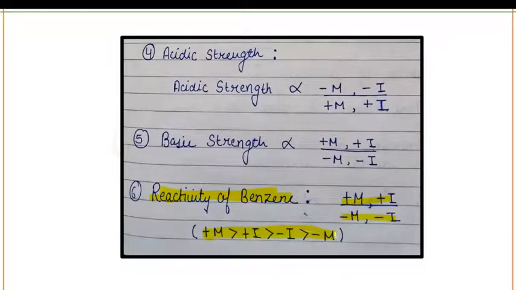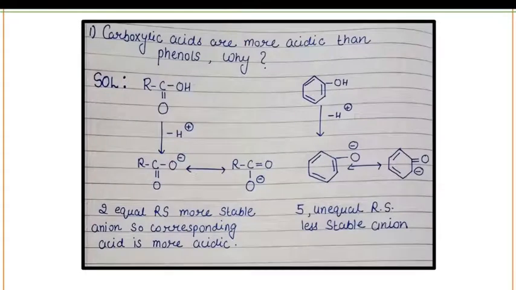Now, there are two important questions related to this theoretical part. Number one question is, why are carboxylic acids more acidic than phenols? The basic reason behind the more acidic character of carboxylic acid is that in the structure of carboxylic acid, you will get two equal resonating structures.